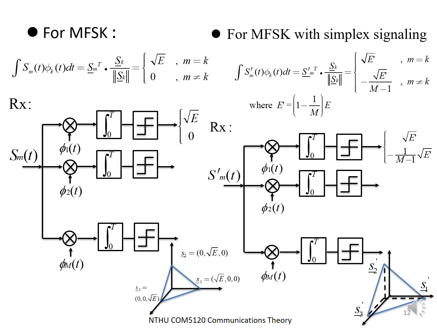The bi-orthogonal signaling offers reduced spectral bandwidth and reduced complexity, at the cost of increased energy. And the simplex signaling offers reduced energy.